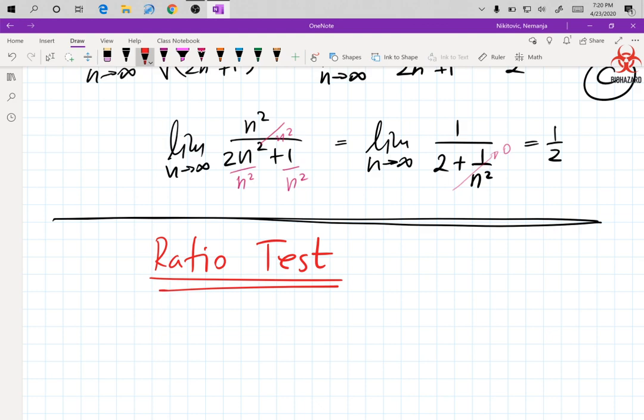So I will be back on Tuesday to finish this chapter, and then on Thursday we'll do power series, and we will take a look to have this exam as soon as possible for chapters 10 and 11.